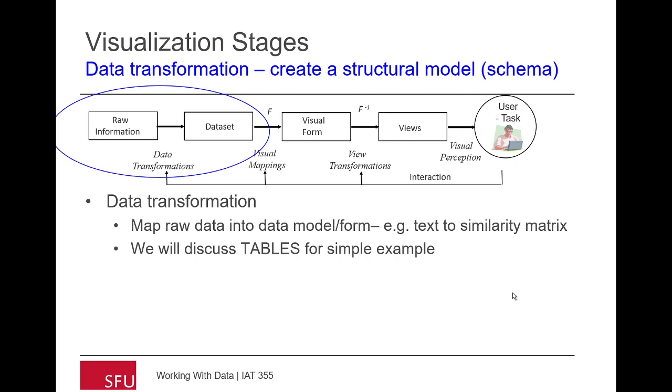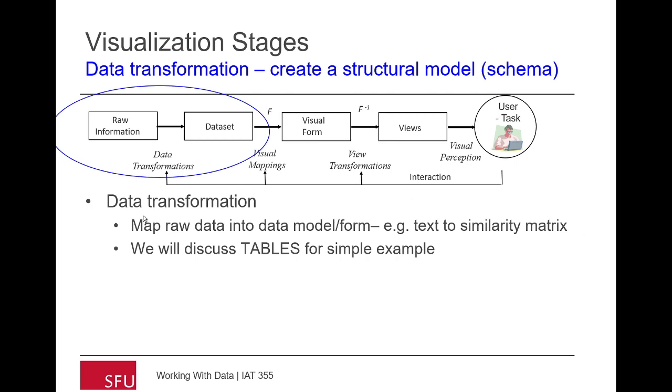A fairly extreme example of this is if your raw information is a collection of text, say, 100,000 tweets or something like that. What you would need to be able to do is to transform that text information into numbers that you can visualize. And you might do that through a technique called a similarity matrix, which measures the similarity of one tweet due to its word content to another tweet, and in fact the similarity to all the other tweets you have in your data set.